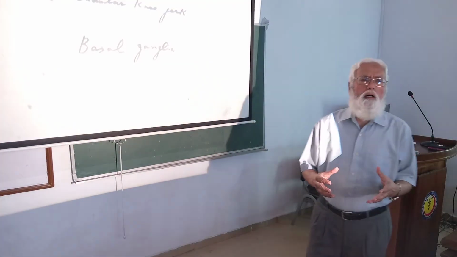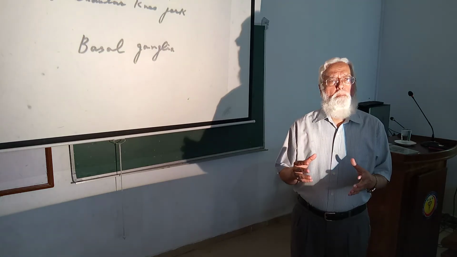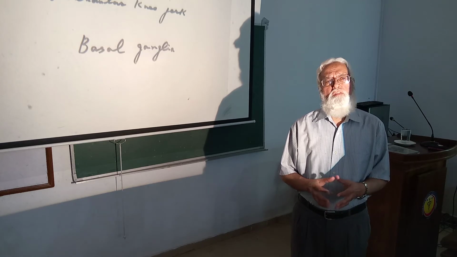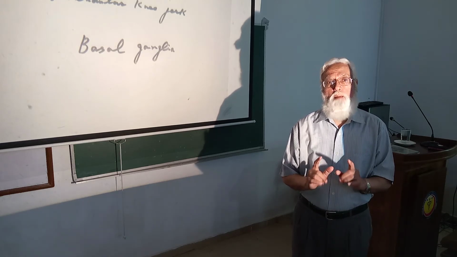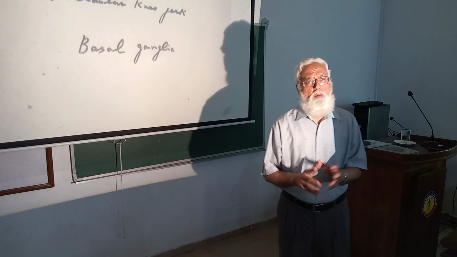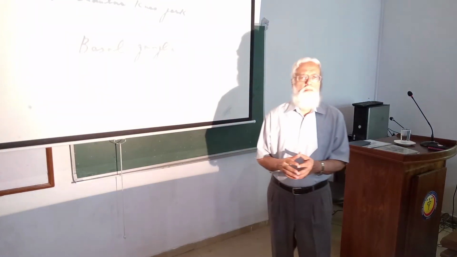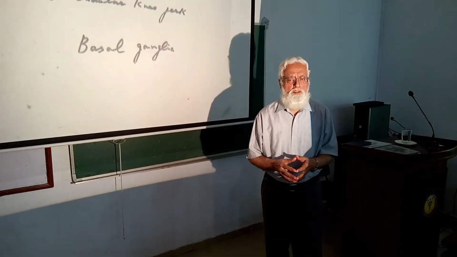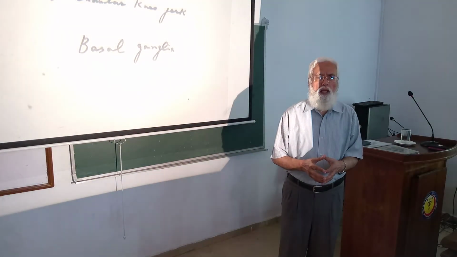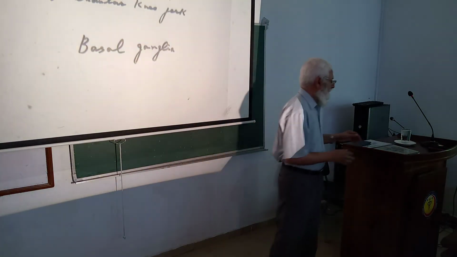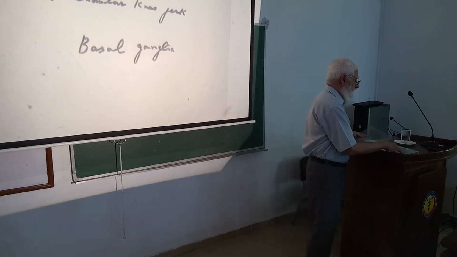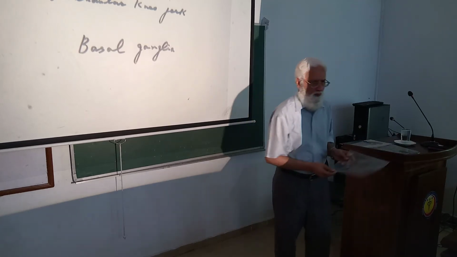Basal ganglia are the masses of grey matter present in the white matter of each cerebral hemisphere. So masses of grey matter present in the white matter of each cerebral hemisphere.